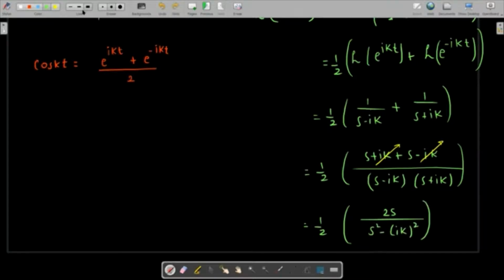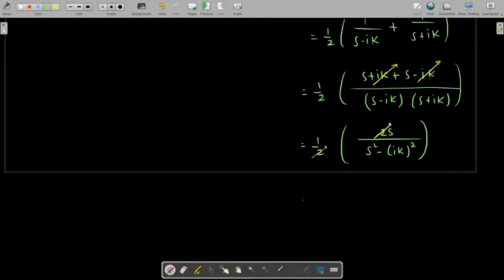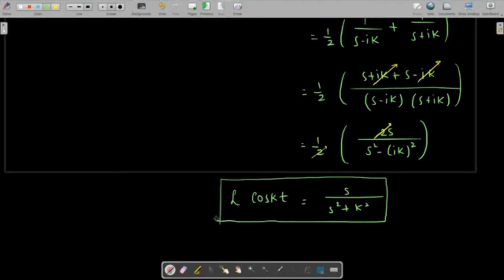So this 2 and 2 will be cancelled, and what we are left with is s over s square plus k square, because i square is nothing but minus 1, so minus and minus will be plus. So this is the required Laplace transformation of cos kt. And likewise, using the same concept, we can find the Laplace transformation of sin kt as well.